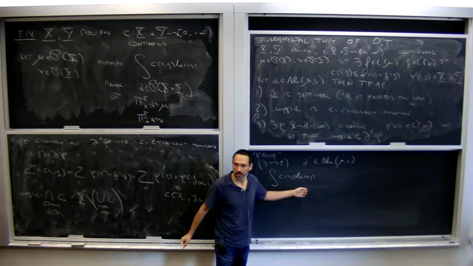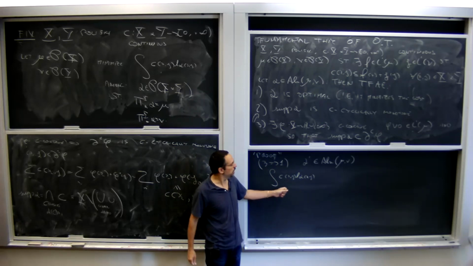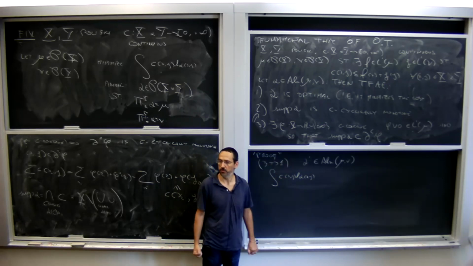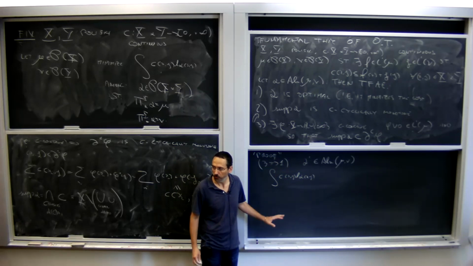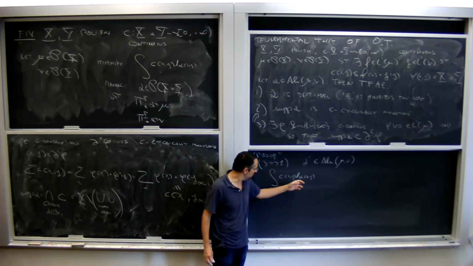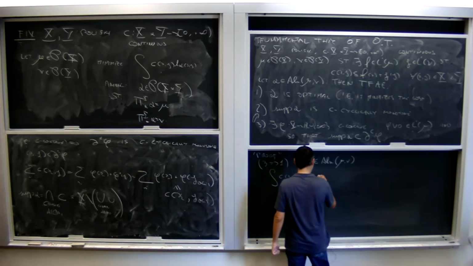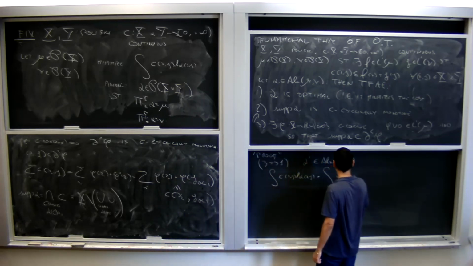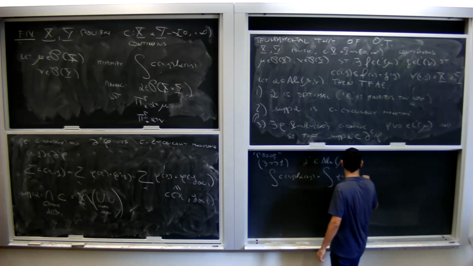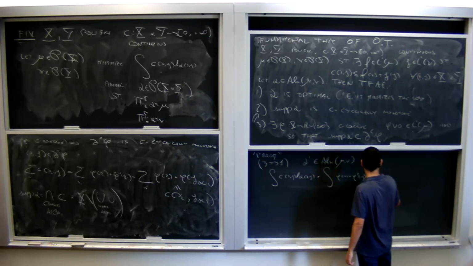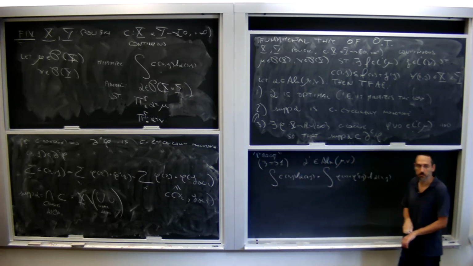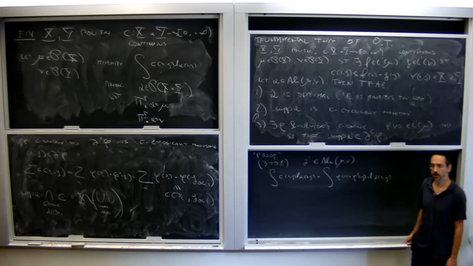So alpha is fully concentrated on the c-superdifferential of phi, right? Therefore, for any x and y that actually matter in this integral, this is equal to the integral of phi of x plus phi c of y, d alpha of xy.